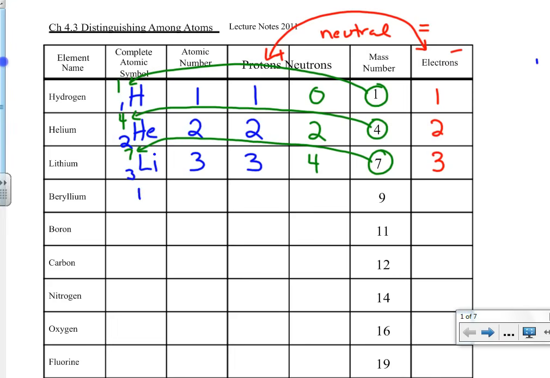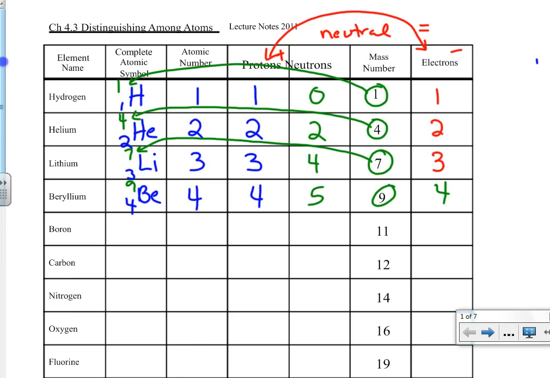Beryllium has the symbol Be. It has an atomic number of 4, which means it has 4 protons, and we'll put that 4 in the lower left corner. The mass number of 9 goes in the upper left corner. 9 minus 4 gives us 5 neutrons, 4 protons, 4 electrons.